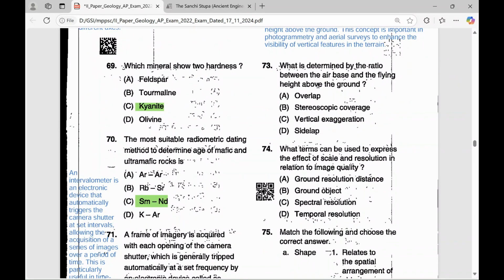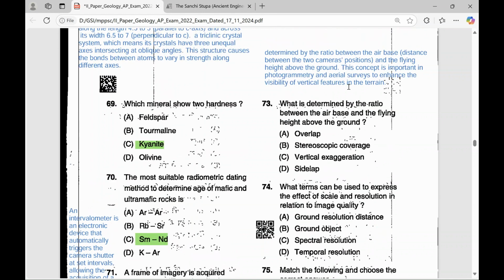What is determined by the ratio between the airbase and the flying height above the ground? So what is airbase? Airbase is the distance between two camera positions. So the ratio of this airbase and the flying height actually gives us the vertical exaggeration. Okay.